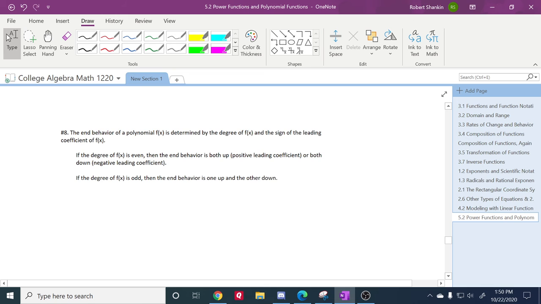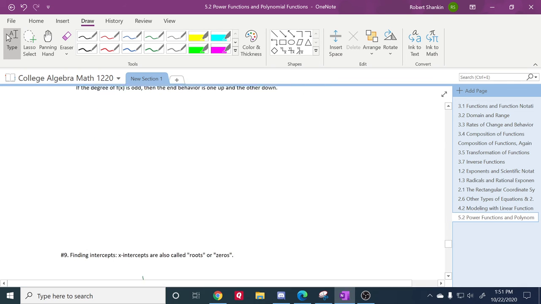But it might take quite a bit of repetition to get comfortable with it. Eventually we get to the same degree of skill as if we had just memorized all this. But that summarizes the ideas of end behavior for polynomials.